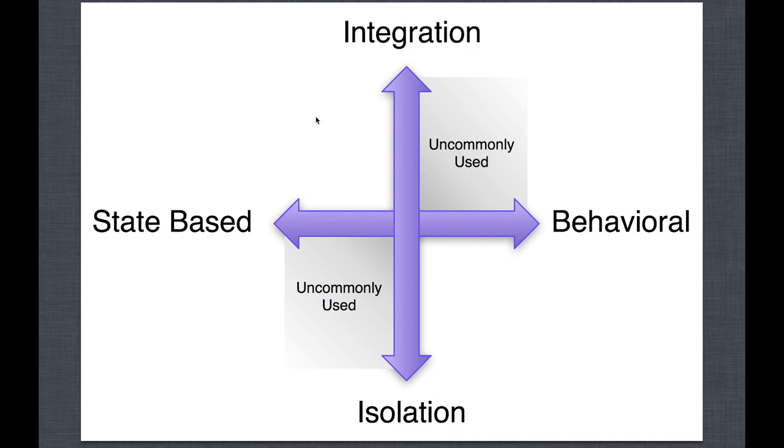You're really just looking at the complete state of an object after something's been run. And in the same way, when you're doing state-based testing, it's not very common for you to go in and do any type of isolation. You really want to see what an object looks like after an operation runs. There are cases where you might want to do that, but there are not very many where you're going to actually stub or mock out certain levels of your object, because that may produce incorrect state and make your test rather brittle.